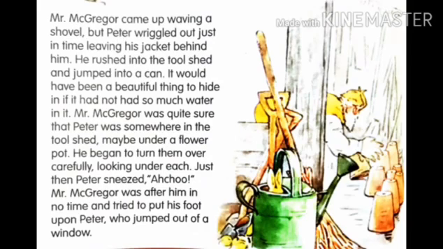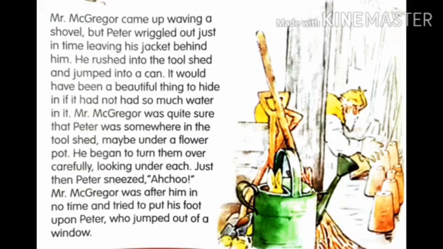It would have been a beautiful thing to hide in if it had not had so much water in it. Mr. McGregor was quite sure that Peter was somewhere in the tool shed, maybe under a flower pot. So what happened when he came into that? He had seen a place in the can and he jumped into the can.